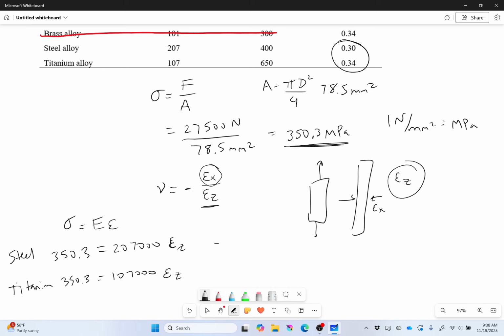So rearranging a little bit, what do I get as my strain for steel? Well, I get 350.3 divided by 207,000. That's going to be 0.00169.